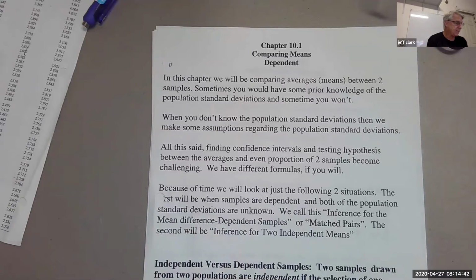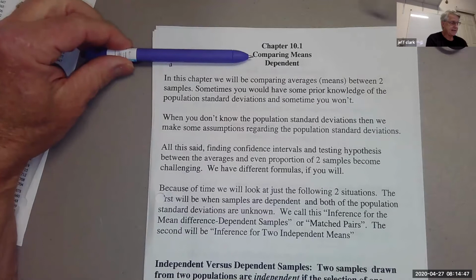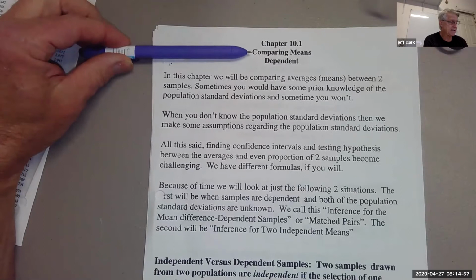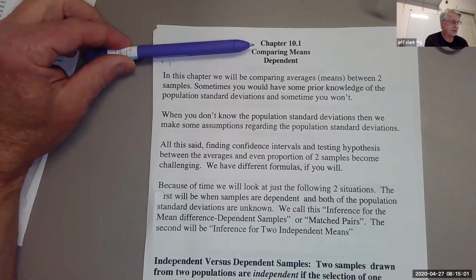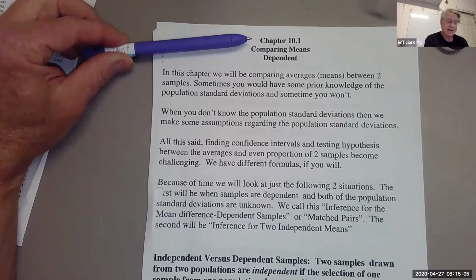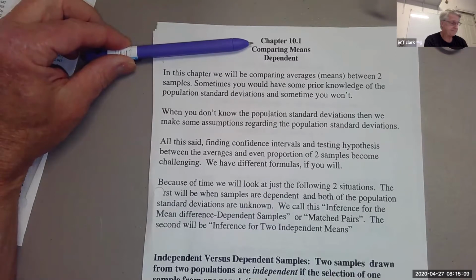So as I said before, we're going to be comparing, in this case, means. There's a section that compares proportions, just like there's confidence intervals for means, and there's one for proportions. This has the means dependent, and there's a section on comparing the means for independent, and then there's a section on comparing the proportions.